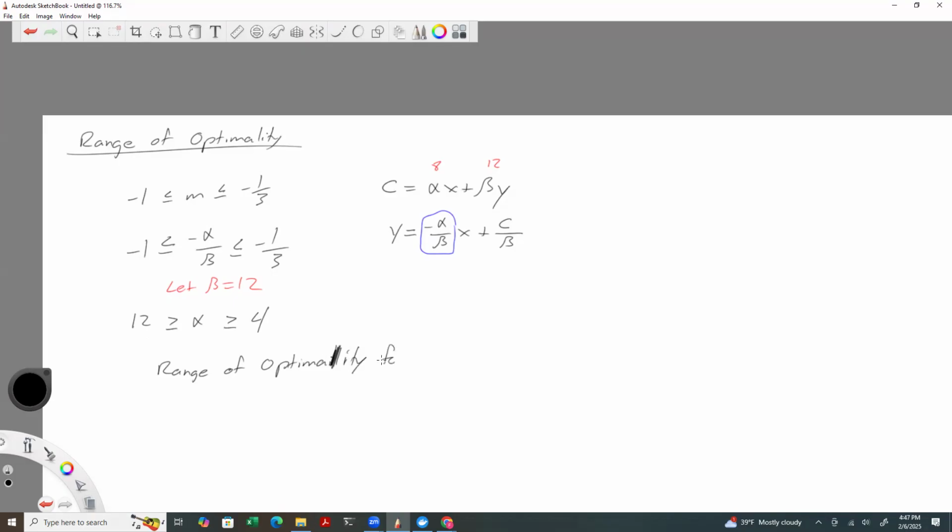Optimality for the decision variable x is going to be, we're going to have closed bounds here. So I believe it's this. It's usually lower than bigger, 12 to 4, inclusive. And so again, this is what we'd consider the range of optimality.